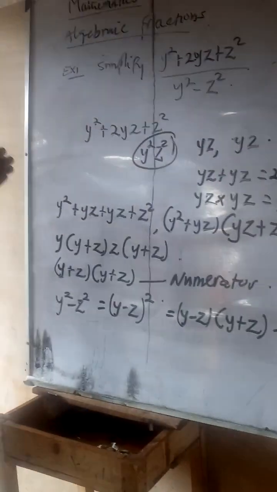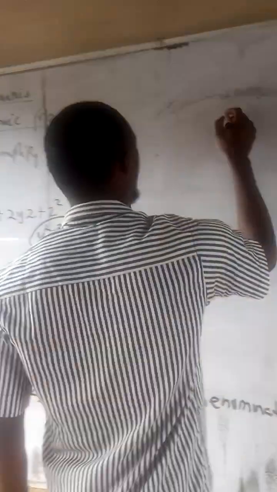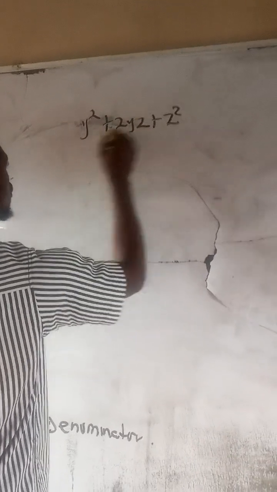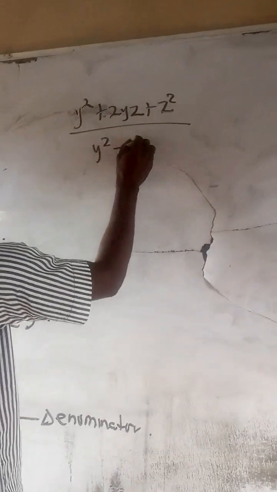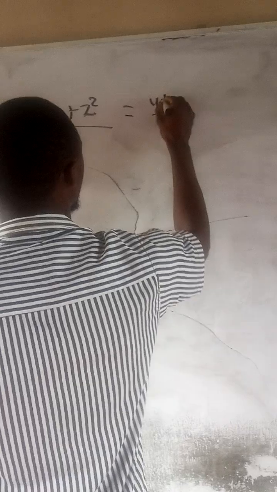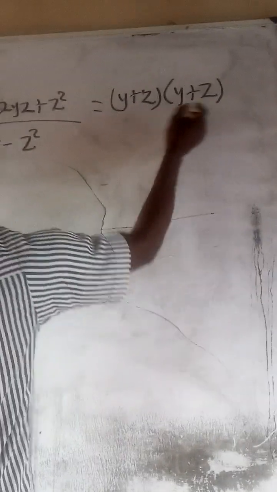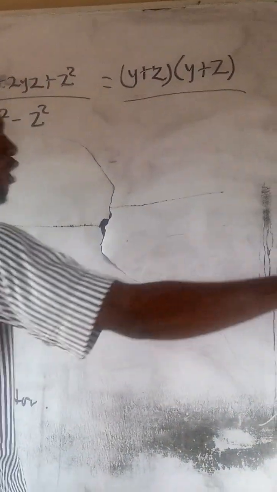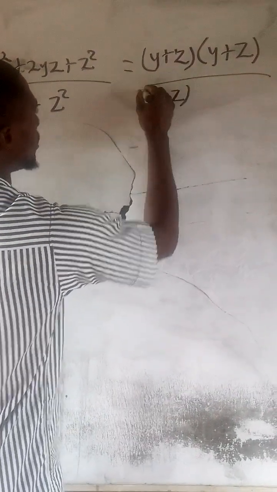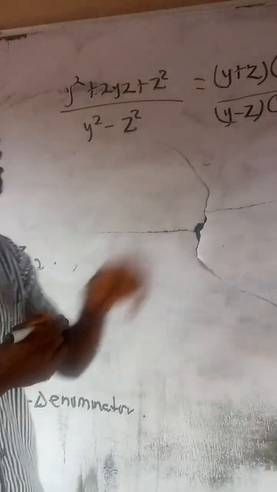At this point, the whole of our equation, y squared plus 2yz plus z squared, all divided by y squared minus z squared, now becomes y plus z into y plus z in the numerator, while the denominator now becomes y minus z into y plus z.